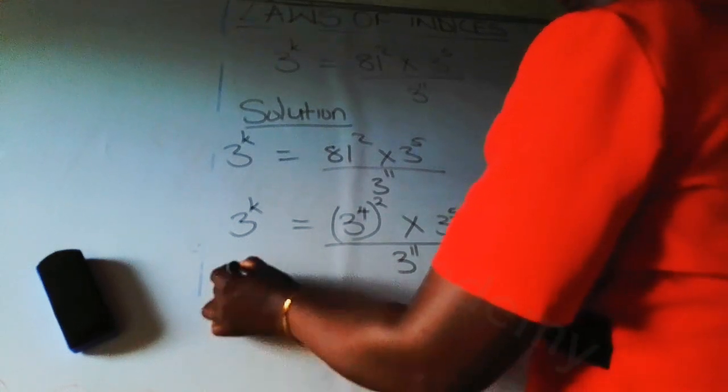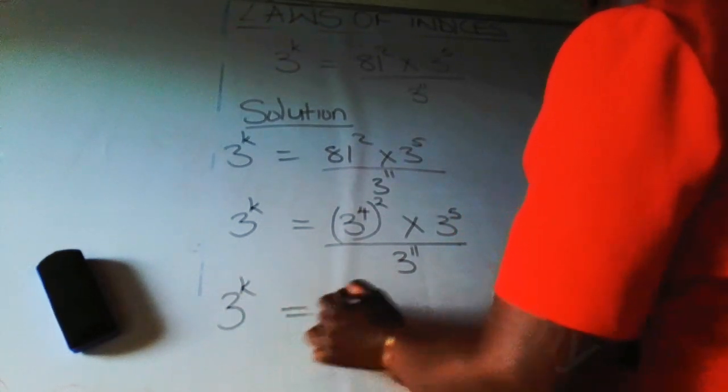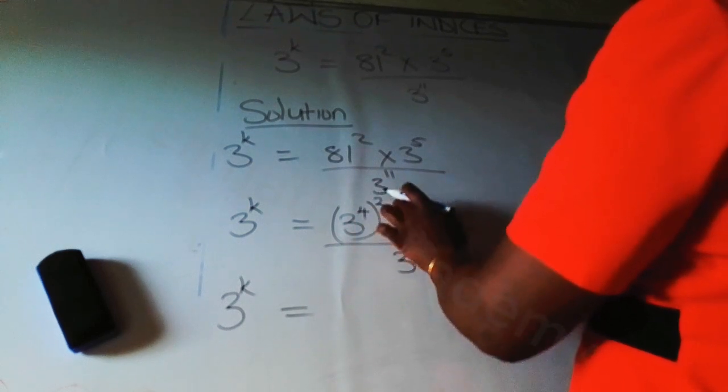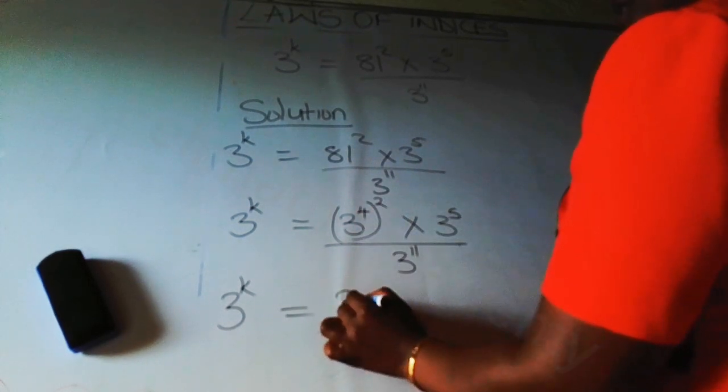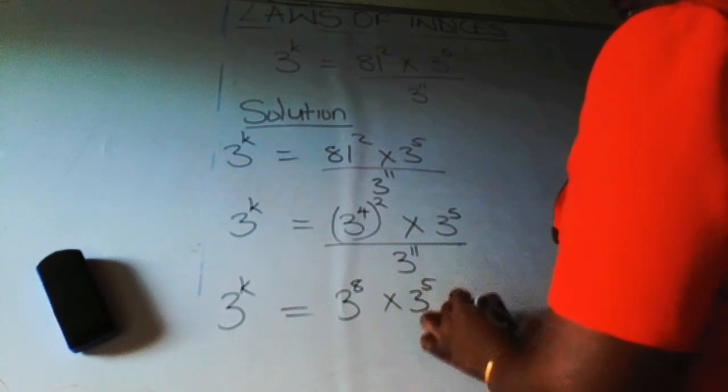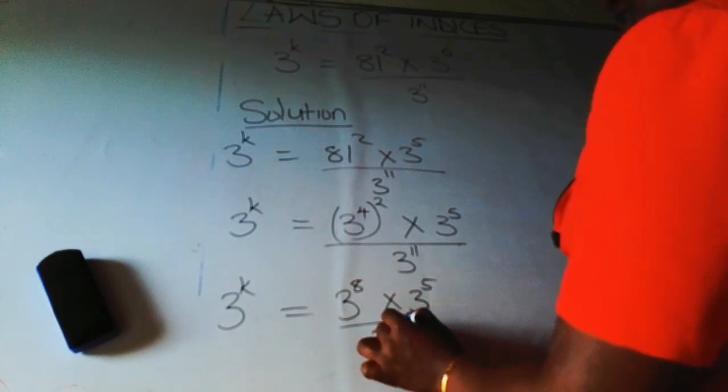So we now have 3 to the power k is equal to, product of indices, so we multiply those powers. It's 3 to the power 8 times 3 to the power 5 divided by 3 to the power 11.